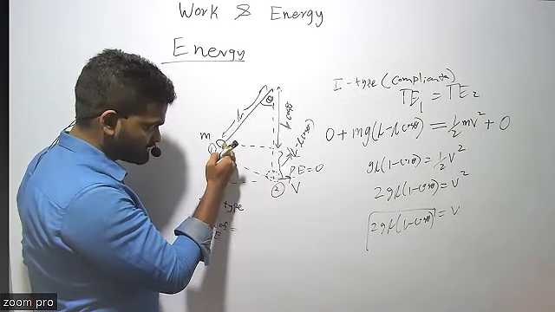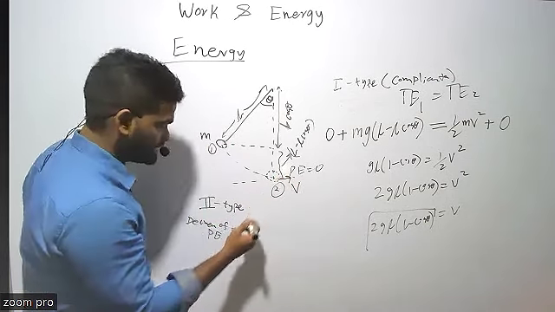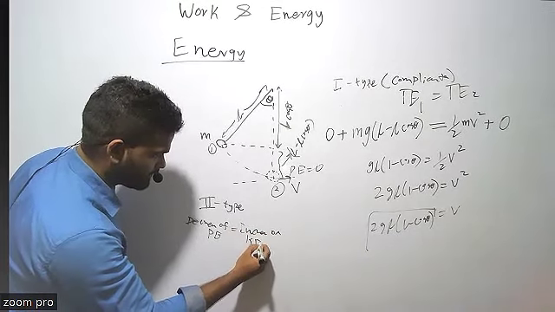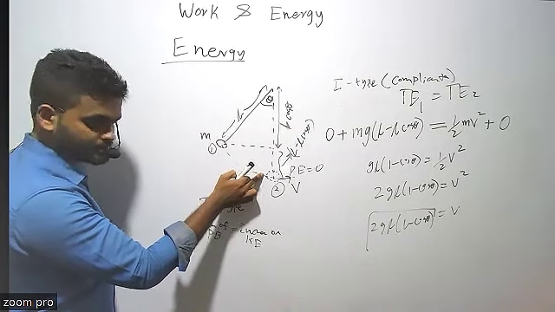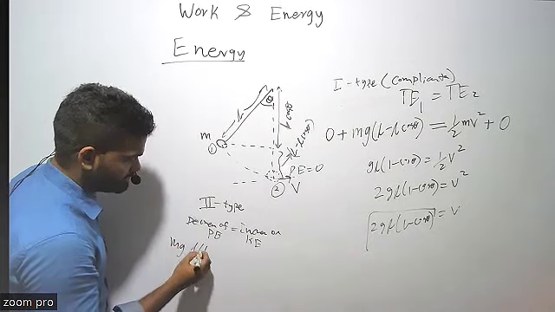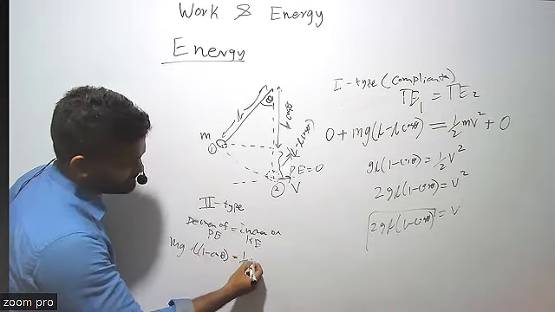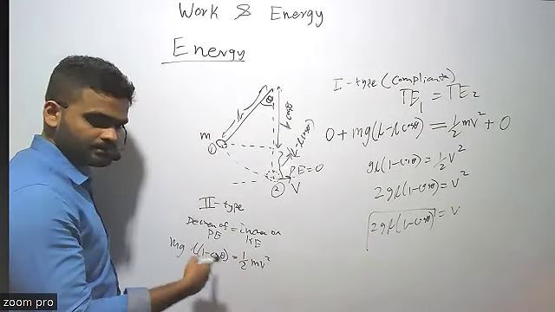So you can consider the loss of potential energy equal to the gain of kinetic energy, the increase of KE. What is the loss of potential energy? This amount is the loss, so that is mgL(1 minus cos theta) equals half mv squared. Take it down. This is the second type.